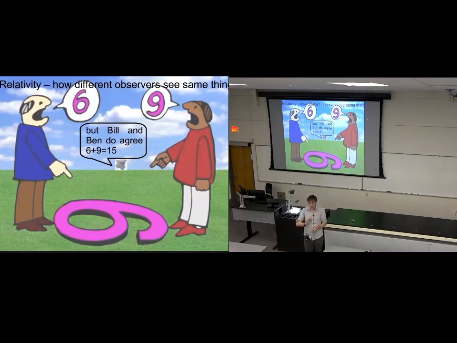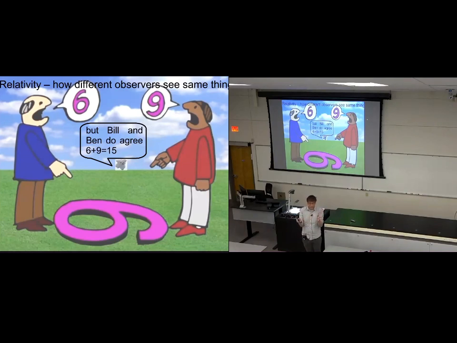So Bill is interpreting it as a 6 and Ben's interpreting it as a 9, or vice versa. So the number is a relative thing. But there's something that's absolute that's inferred in this picture. 6 plus 9 is 15, that's invariant. They would both agree that 6 plus 9 is invariant. So this is kind of an analogy to position and velocity for the pedestrian and the passenger.